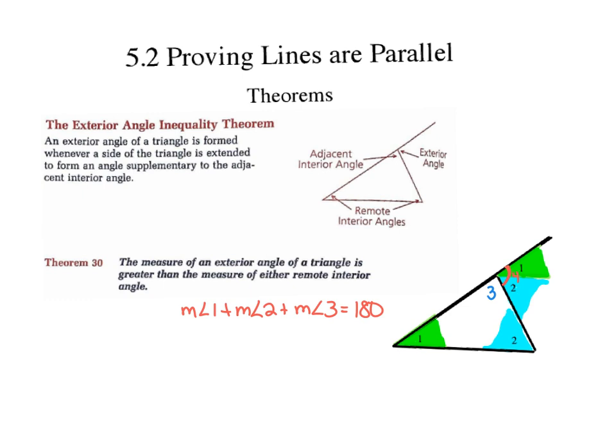So I know that the measure of angle 3 plus the measure of angle 4 is equal to 180. Therefore, I know that the sum of those two angles is equal to my exterior angle. And that's where the exterior angle inequality theorem comes from. This exterior angle has to be greater than either of the remote interior angles.